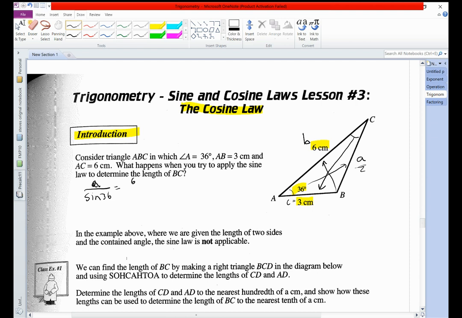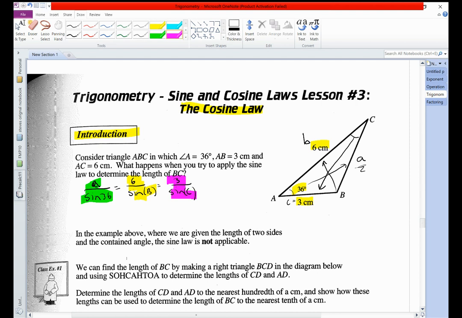We know b is 6 centimeters, but we don't know angle B. And we know c is 3 centimeters, but we don't know angle C. So if you look at this formula, you can see that in all of these ratios, we only know one piece of information. So we actually can't do any calculations on that. The sine law doesn't apply to this triangle based off of the information that we have.